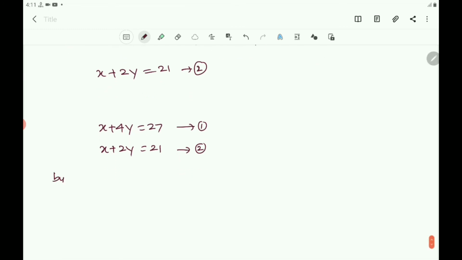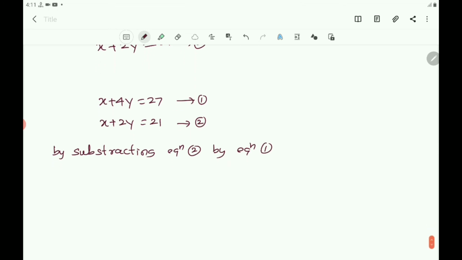So by subtracting, since 27 is greater, subtract equation 2 from equation 1.